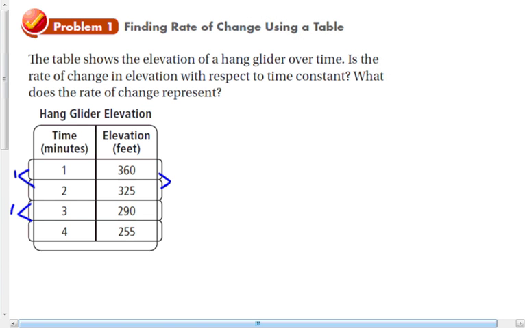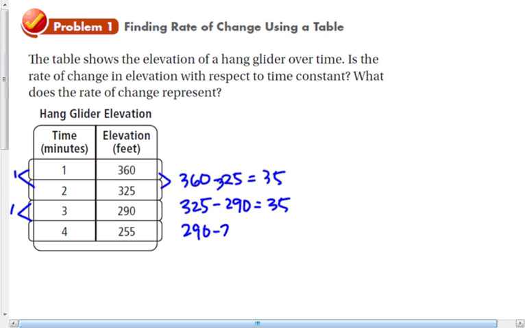So 360 minus 325, that's equal to 35. 325 minus 290 equals 35 also. And 290 minus 255 is equal to 35 also. So there is a constant decrease in elevation.